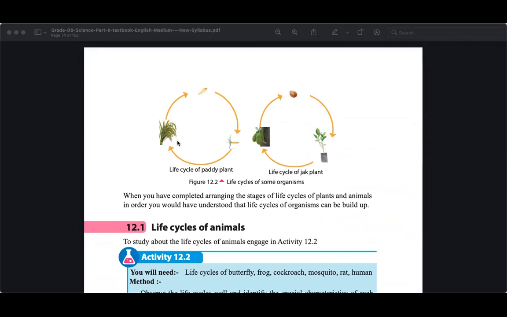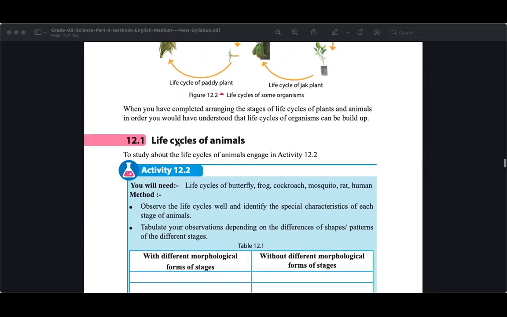Okay. So as I said, not only animals, even plants have a life cycle similar to that, starting from the seed, the small plant, the big plant, or the tree, right? Likewise, it also has life cycle stages.